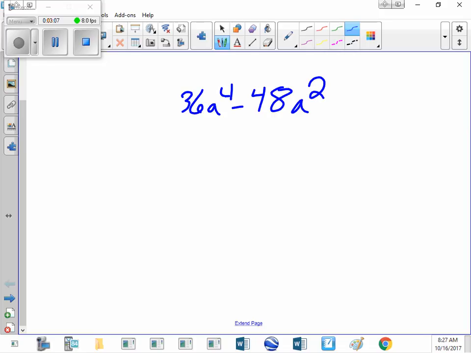If I pulled out a 6, I would get 6a squared minus 8, and then I could also take out a 2. So the biggest one is a 12. If I pull out 12a squared, what's left? Not 6. 3a squared minus 4.